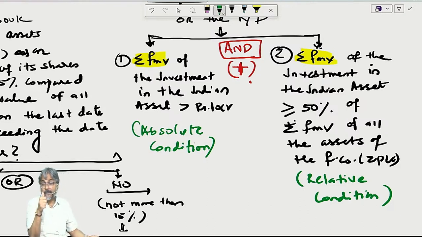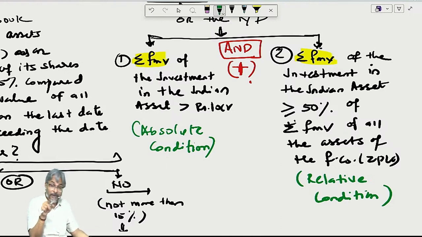So first, what is the relevant date? Two dates have been given: the date of transfer and the balance sheet date preceding the date of transfer. Check one of the two. The second condition, students, is that as on the relevant date, what do you have to see? One, whether the fair market value of the Indian investment held by ZPLC is more than 10 crores.